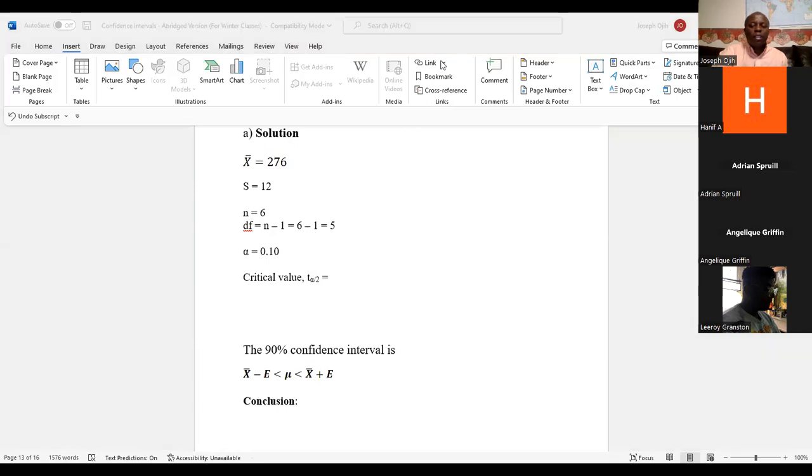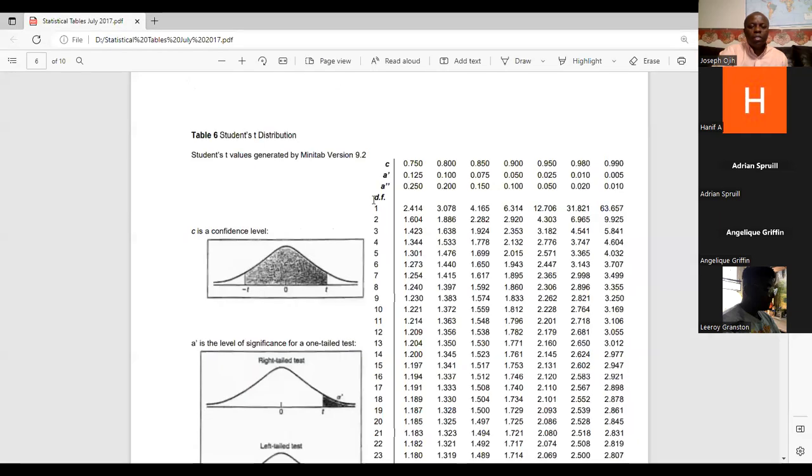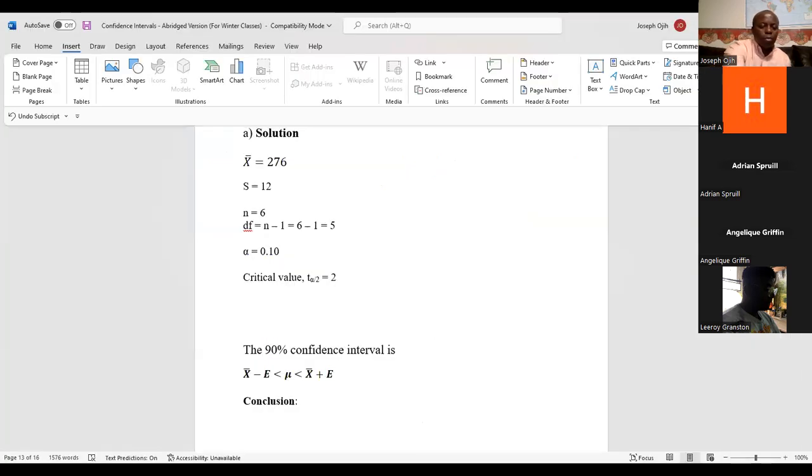This is DF right here, 5, and alpha is 0.10. You can see right here, under 5, 2.015. So we can put it in: 2.015. Now we can calculate the error margin.